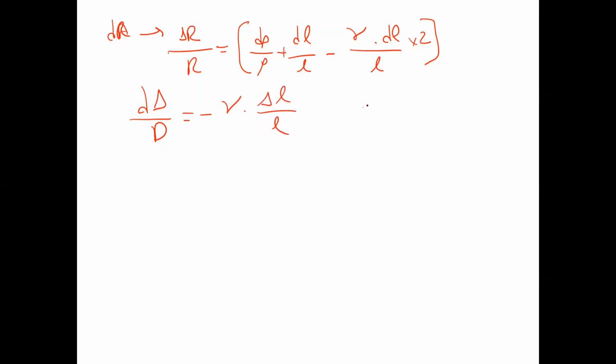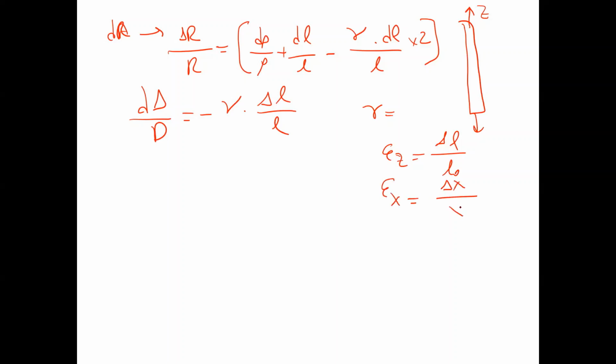You know Poisson ratio, right? When you apply stress in Z direction, epsilon Z is equal to delta L divided by L0, and epsilon X is delta X divided by X0. And there is a relationship between this one and this one, and we call it Poisson ratio.